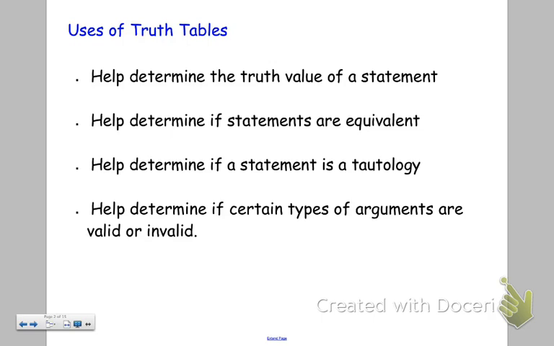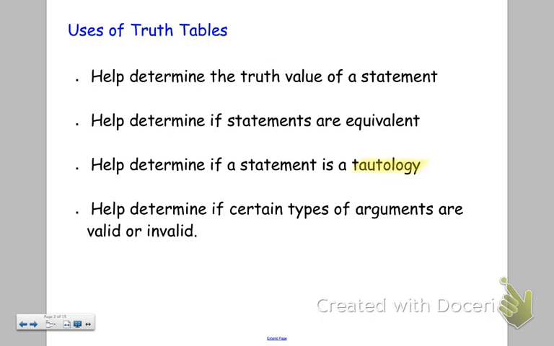Now, in 3.3, we're going to start looking at truth tables. Truth tables are going to be helpful for us because they can help us determine the value of a statement overall. They can help us determine if two different statements are equivalent. They also can help us determine if a statement is a tautology. Tautology is one of those fun words.